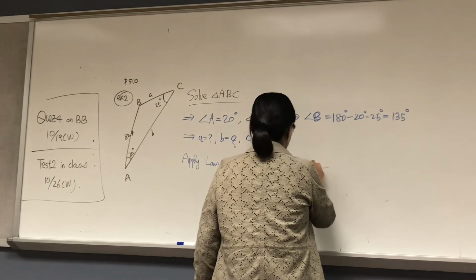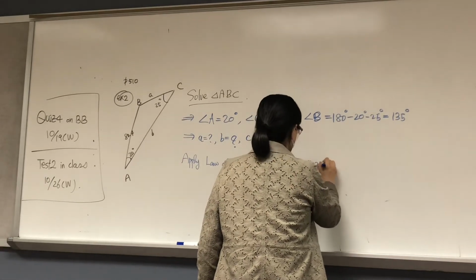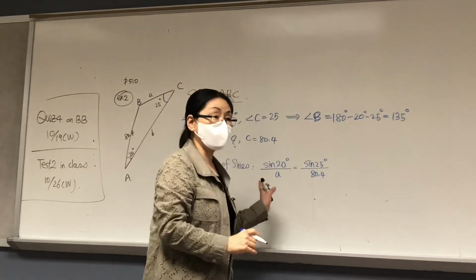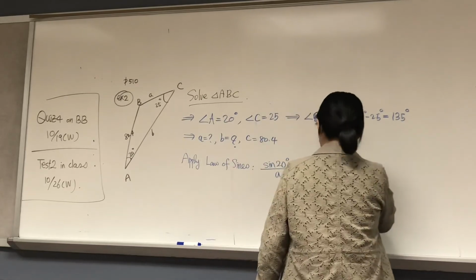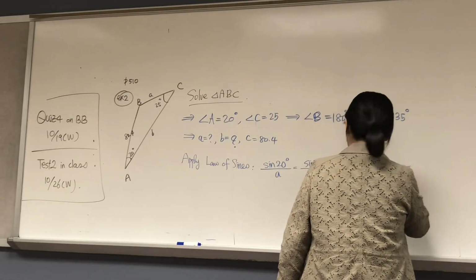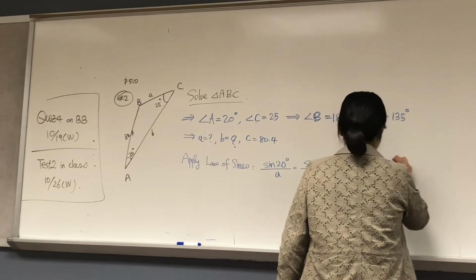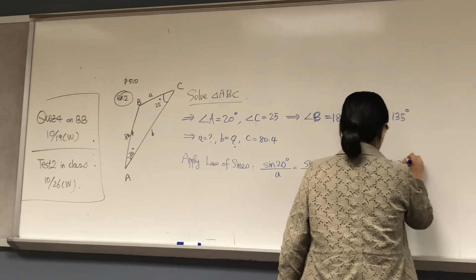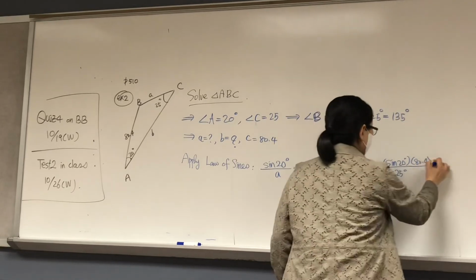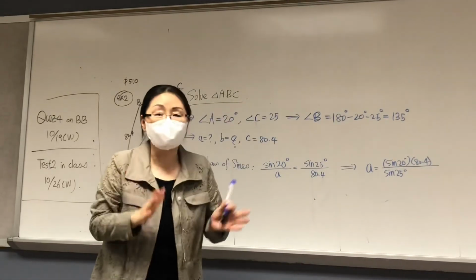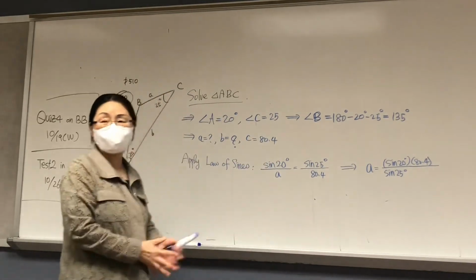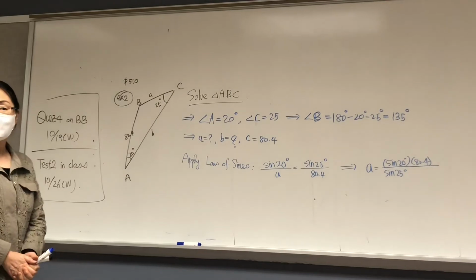Sine 25 over B, which is 80.4. And solve for x. I don't want to compute; you can do it using the calculator, right? Because 20 is not a special angle. So you're done.